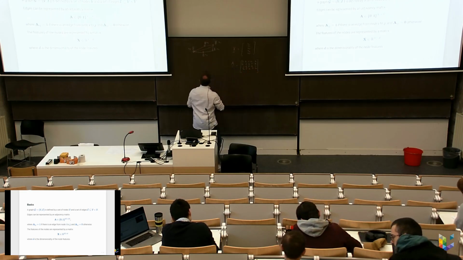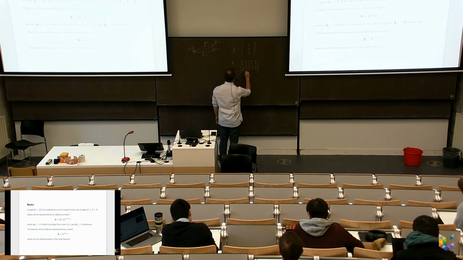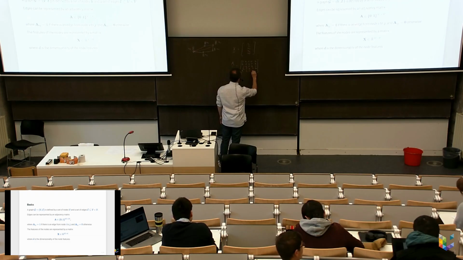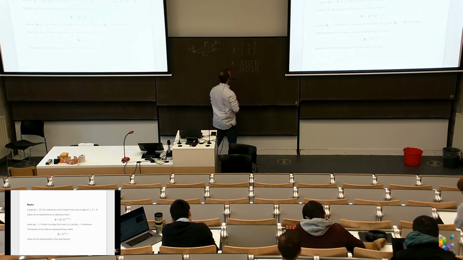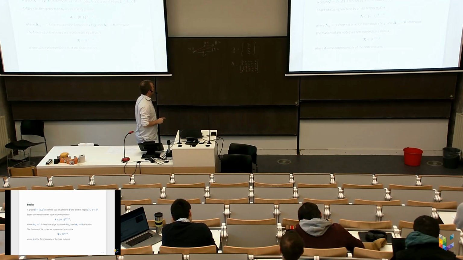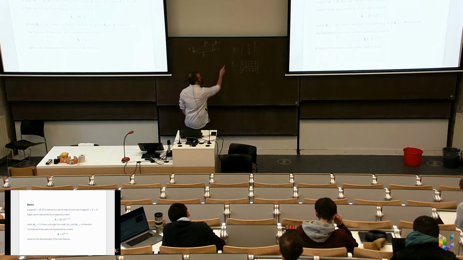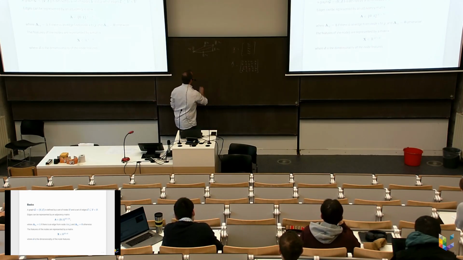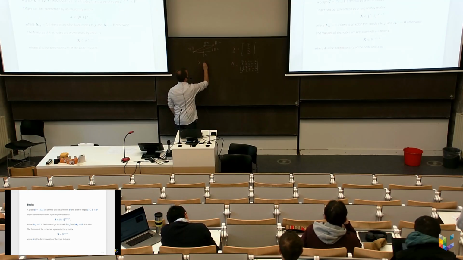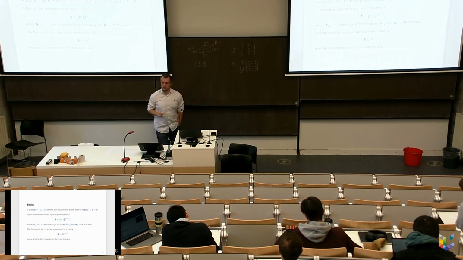And node 5 is connected to 1, 2, and 4. Okay? And so the representation of the graph that I will use today is this pair X and A. That will be my input graph.